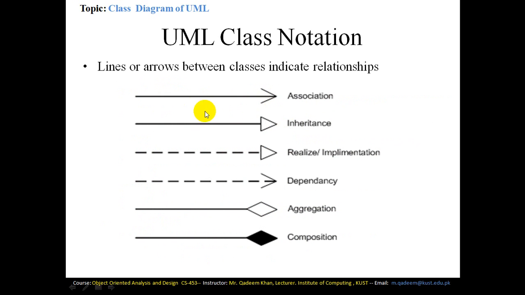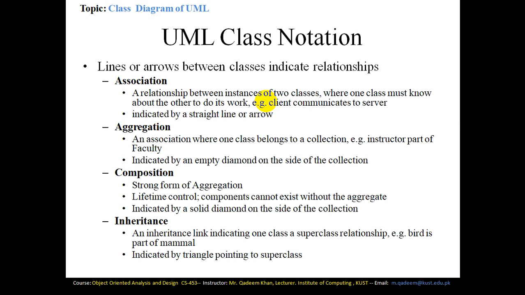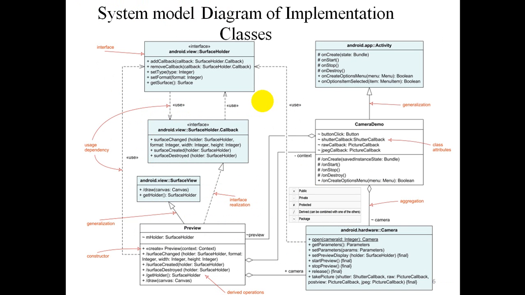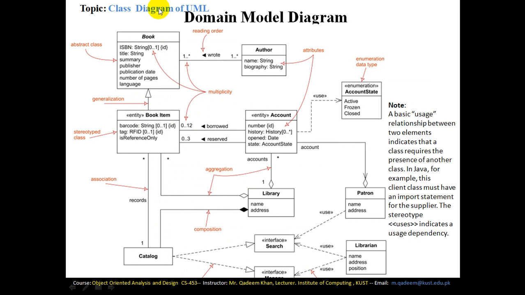For example, it is in fact a unary association. So that's why the direction of the arrowhead shows that from there to this side it can be accessed. So this is the straight line with the arrowhead. So that is the association. For example, here I can show you an association. This one is the association relation.